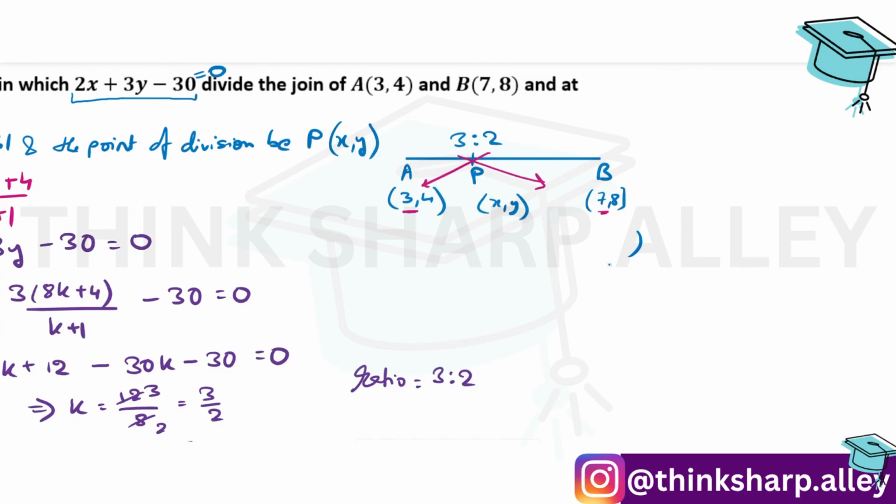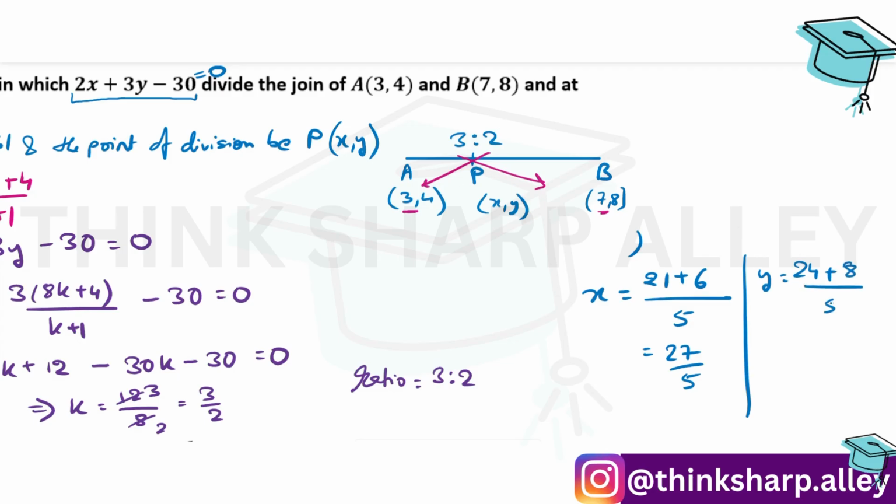So just cross multiply. X is equal to 3 times 7, 21, plus 2 times 3, 6, by 3 plus 2, 5. So that is equal to 27 by 5, while y is equal to 3 times 8, 24, plus 2 times 4, 8, by 3 plus 2, 5.